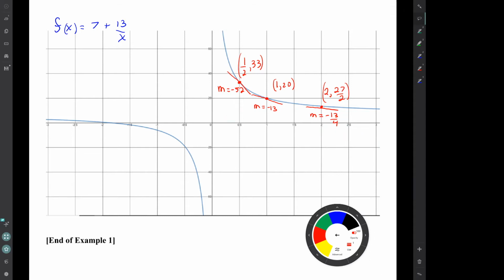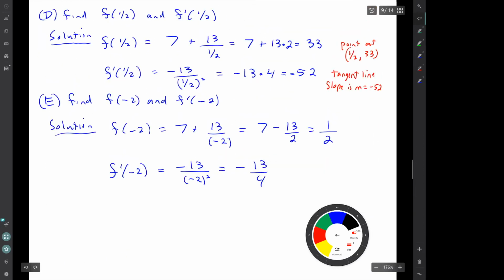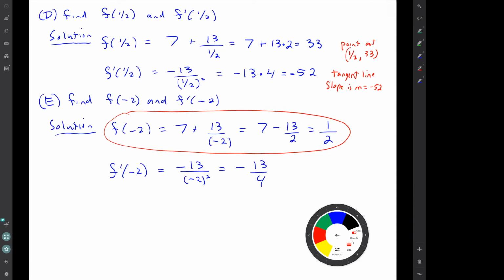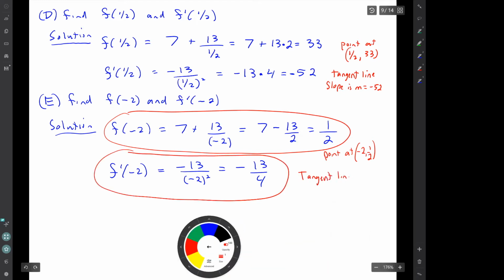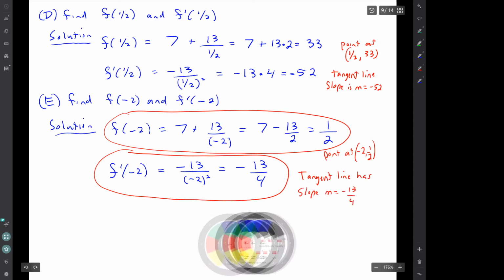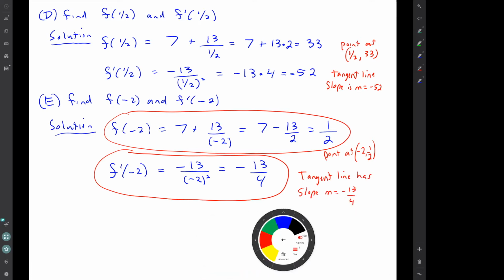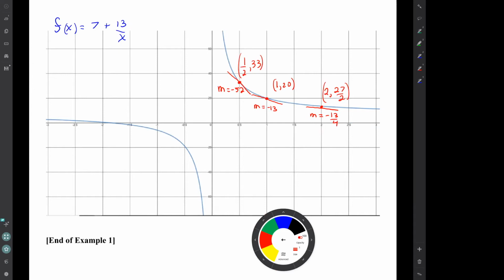Finally, let's add our result from part E. In part E, we found this, which tells us that there's a point at negative 2, 1/2. And this derivative result tells us the slope of the tangent line. Let's add those features to the graph. All right, so there's our point.